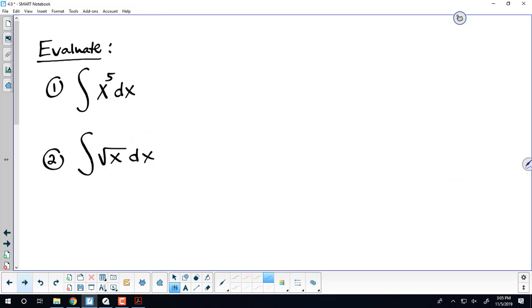Okay, so what's the antiderivative of x to the 5th? What function do we take the derivative of to get x to the 5th? X to the 6 divided by 6.